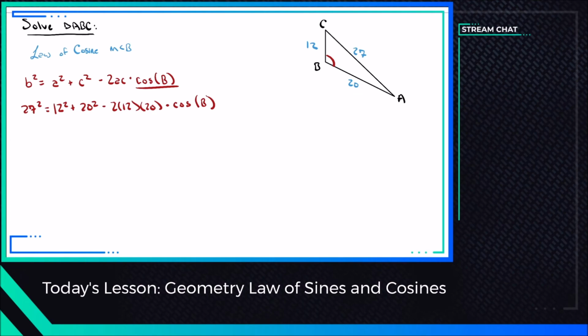And so the cosine of B is going to be equal to 27 squared minus 12 squared minus 20 squared. All right, so we subtracted those across. And then we're going to divide by 2 times 12 times 20.